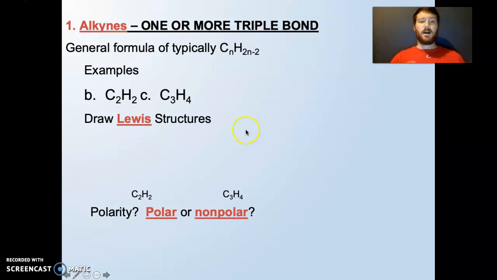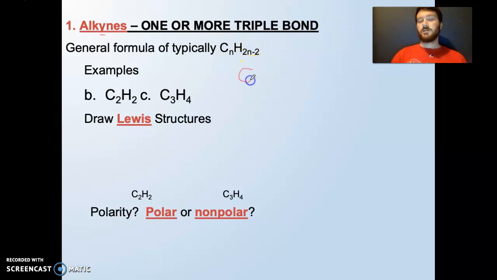Lastly, we deal with alkynes. If we have alkanes, only single bonds, alkenes, double bonds, alkynes are triple bonds. So look for the A, E, and Y. The general formula is whatever number of carbons there are, 2 times that, minus 2.